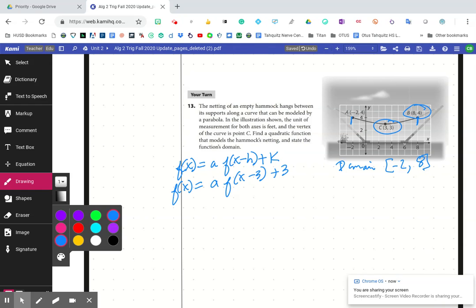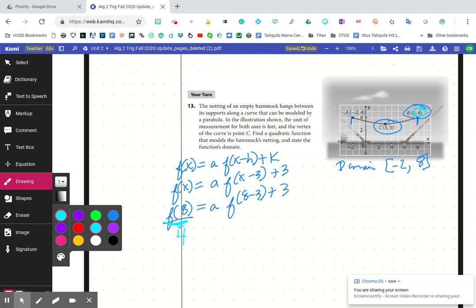So I'm plugging in my x value of 8. I'm going to try to solve for a. So f of 8 equals a times (8 minus 3) squared plus 3. I know when I evaluate f of 8 that it's going to be 4, so I'm plugging that in. It's a substitution.